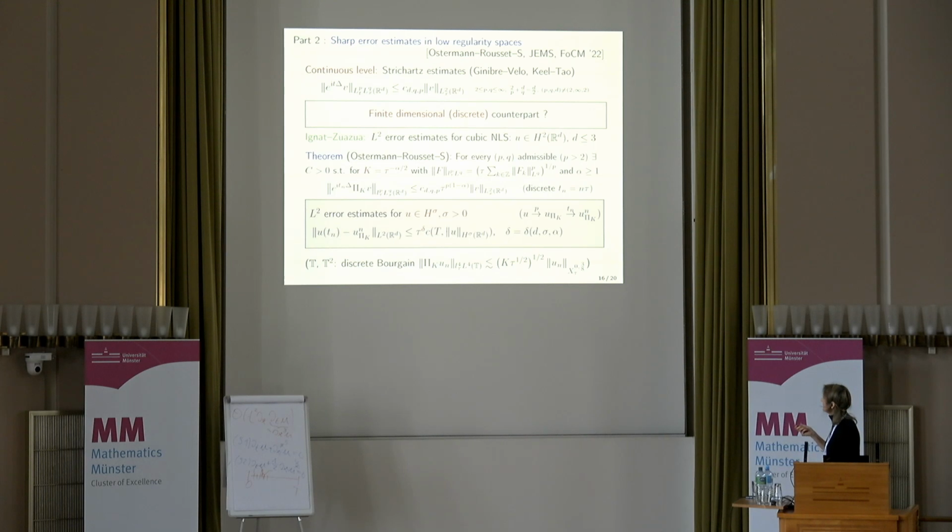We took these estimates on the continuous level and looked for a discretization. But this is not trivial, at least not for us. With a parabolic smoothing property, you have something pointwise in time, so you write down your scheme and sum up pointwise. With the Strichartz estimates you're not pointwise in time. For a long time we didn't know how to handle this, because numerically you're always discrete, so somehow you have to change it.